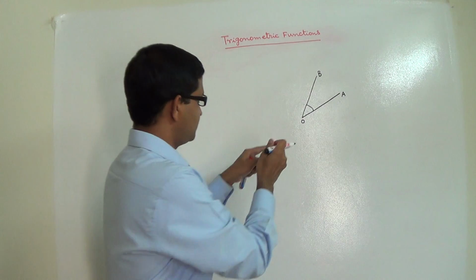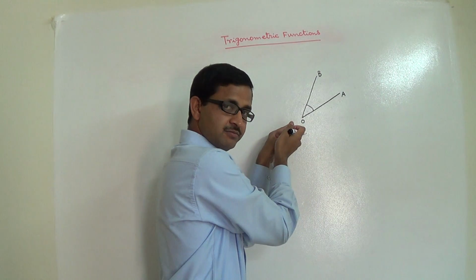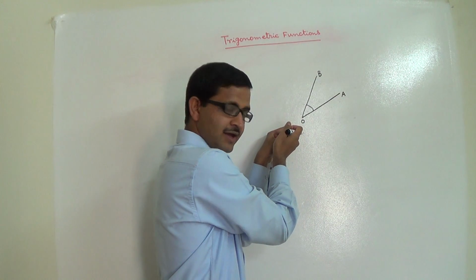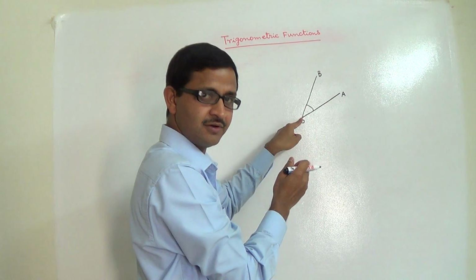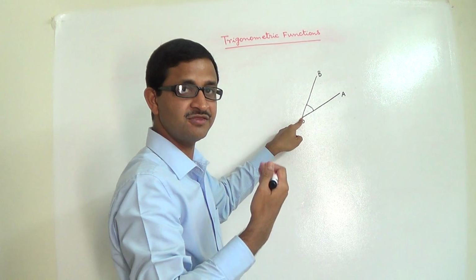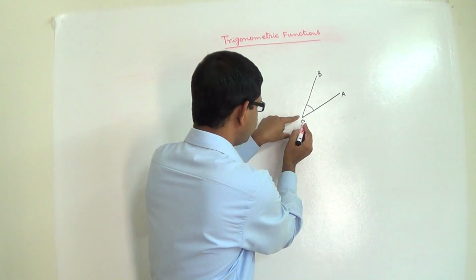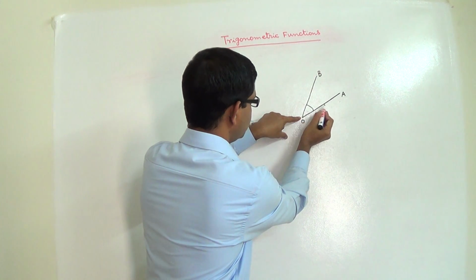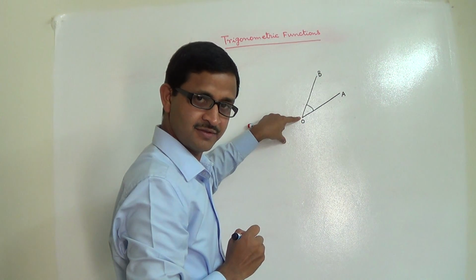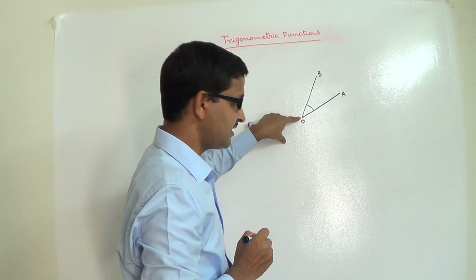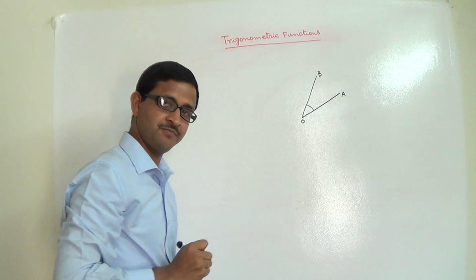I repeat, OA is the initial position of the ray and it has been displaced by means of rotation with respect to the initial point O to another position, which is OB. Then we say the angle has been formed.